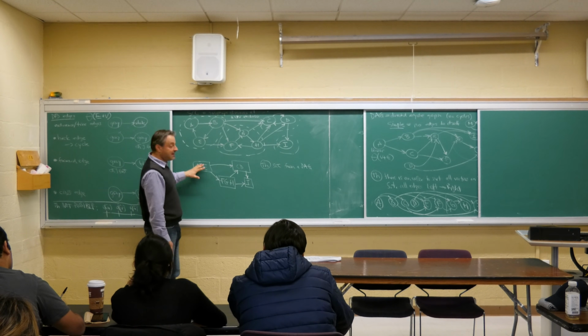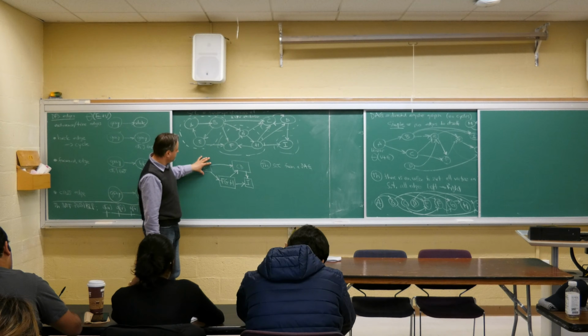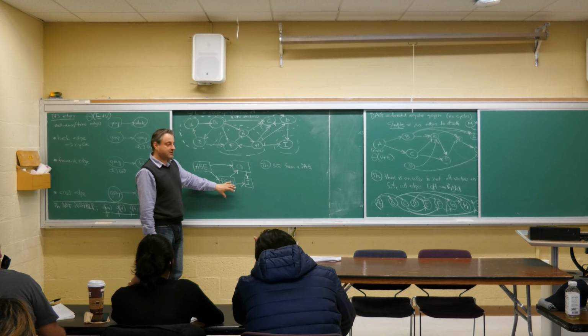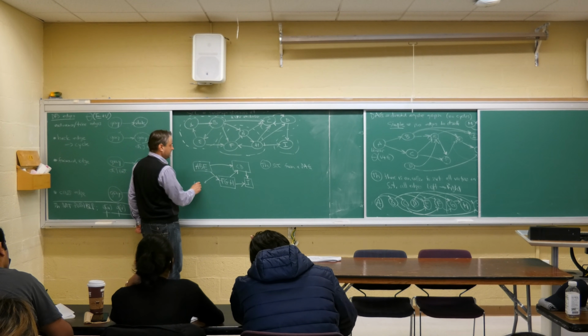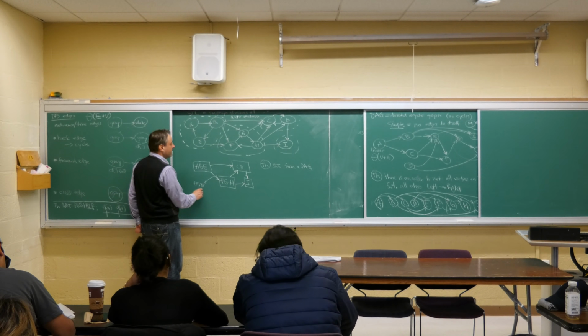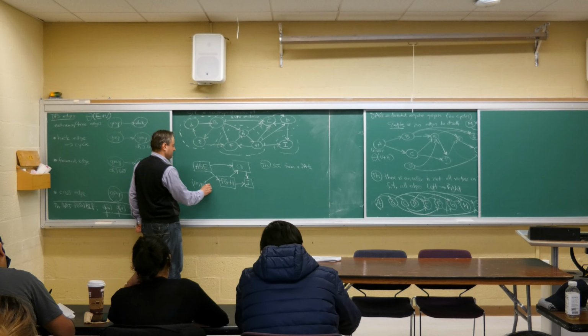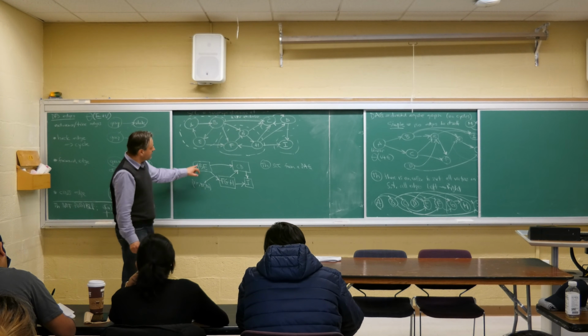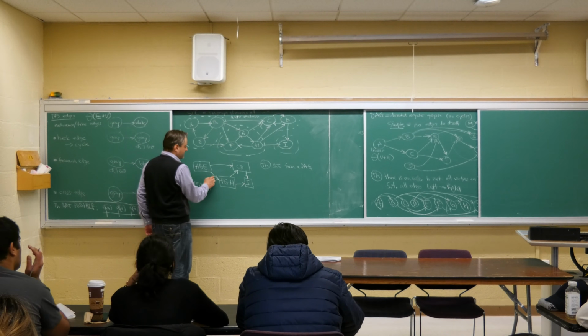In terms of reachability, I only put one edge, right? From this group, AB, I can reach FGH. Those edges are EF, BF, and BG. All of them reach from AB to FGH, so I'm only putting one edge.